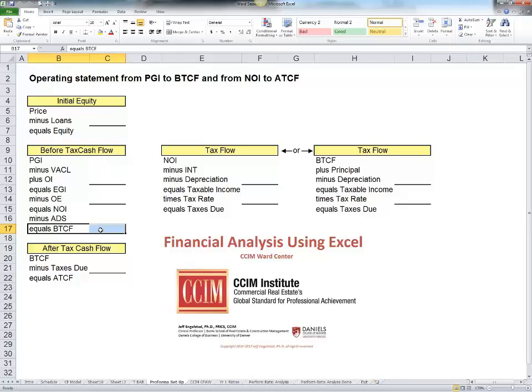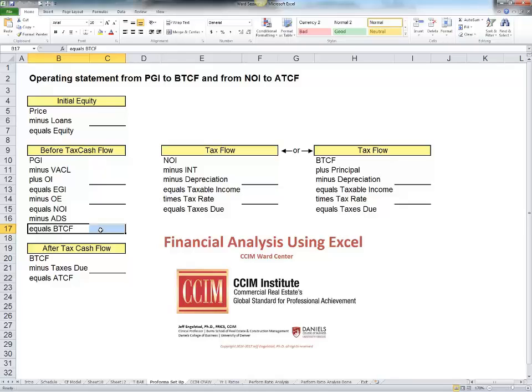If you work for a big company, a corporate real estate pension fund, something like that, chances are you deal in a before-tax world, and there's another unit of your company that works with taxes. Now, contrast that to if you are an investment broker, you probably work with individuals, and after-tax cash flow is very important to them. So we'll do some things before tax and some things after tax.